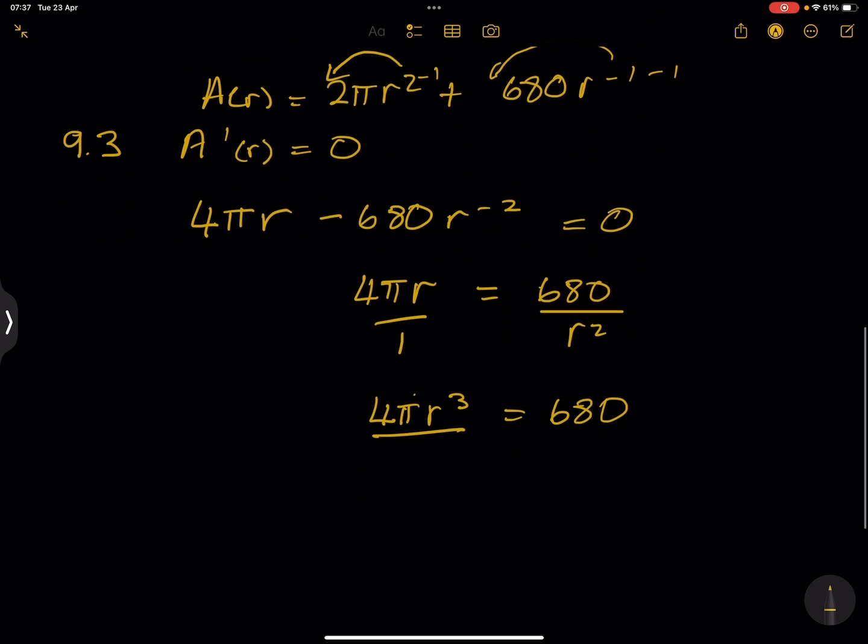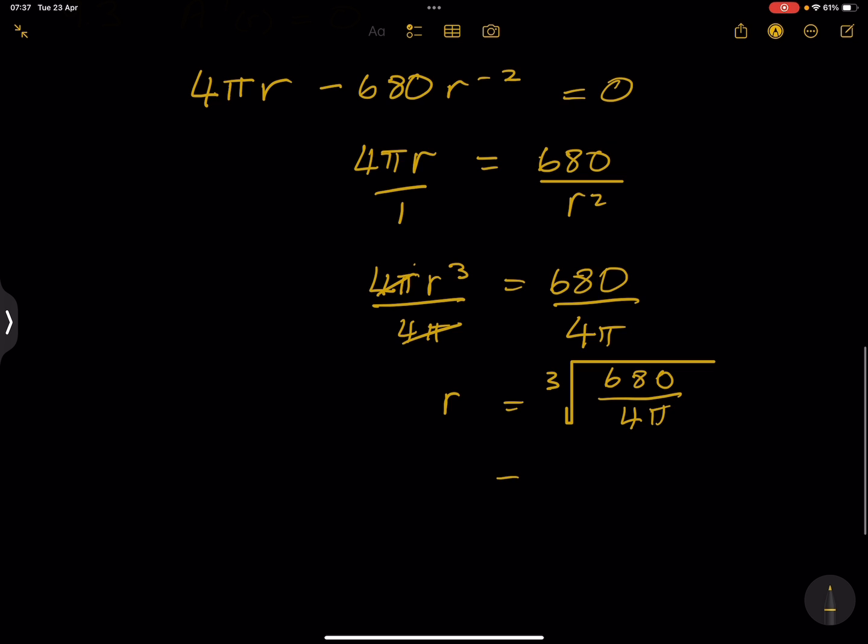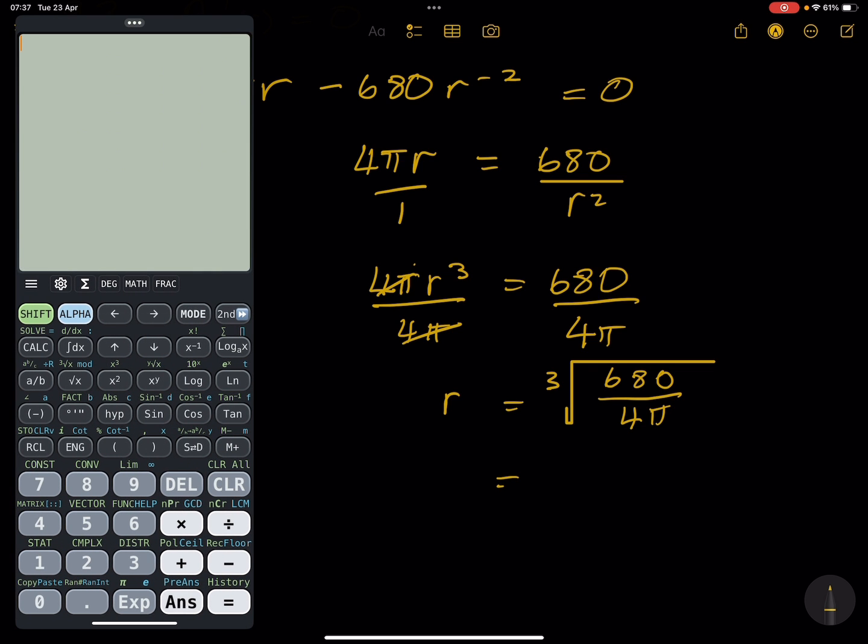And we can divide both sides by 4 pi. If we do that, we get the value of r to be the cube root of 680 divided by 4 pi.